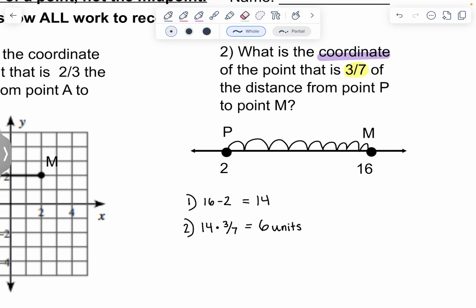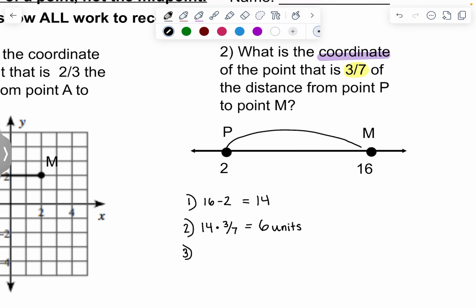And now I'm going to erase this right here. And step 3 is we add or subtract. There's another way to think about it. You can count or add or subtract. So instead of going from 2 the whole 14 units all the way over to 16, we just want to go over how many units? Hopefully you said 6 units.